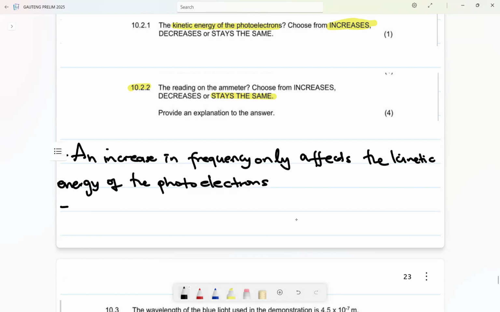And if this only affects the kinetic energy of the photoelectrons, then what can affect the reading on ammeter A? We're going to say only an increase in intensity.